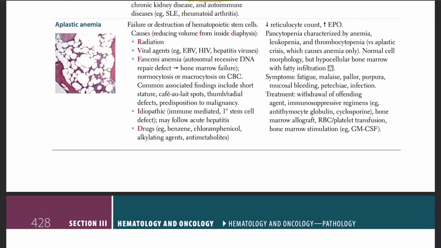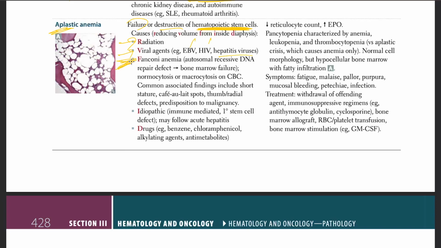Now let's talk about the other one, which is aplastic anemia. Aplastic anemia is failure or destruction of hematopoietic stem cells. Causes are radiation, and viral agents like EBV, HIV, hepatitis virus.